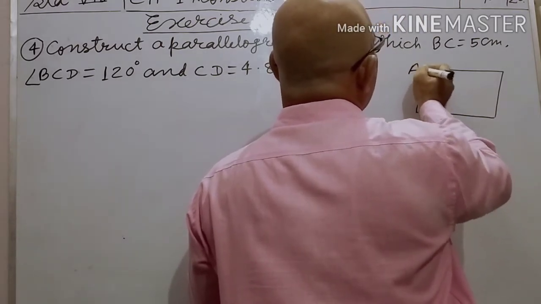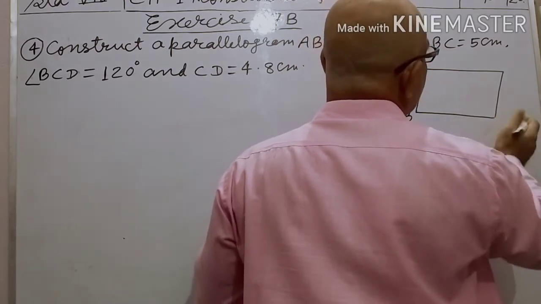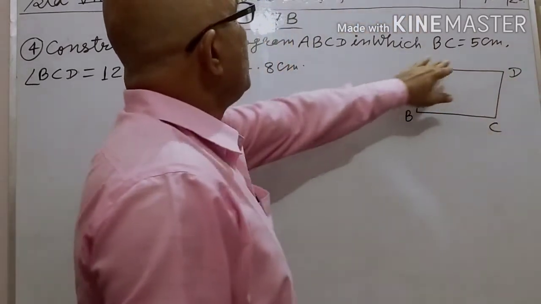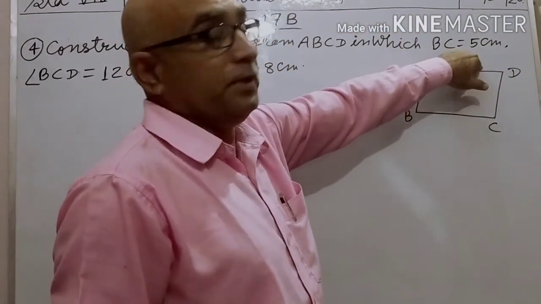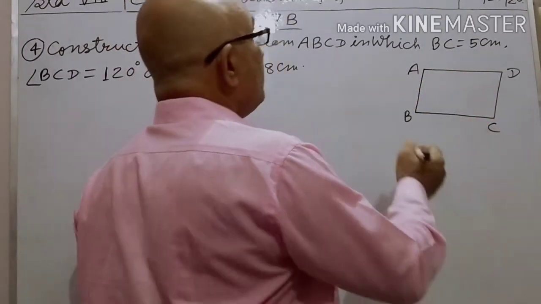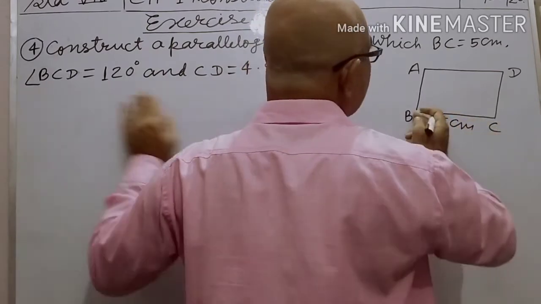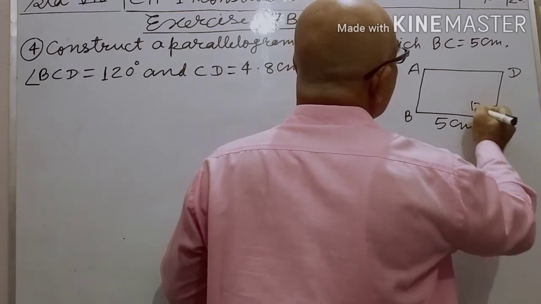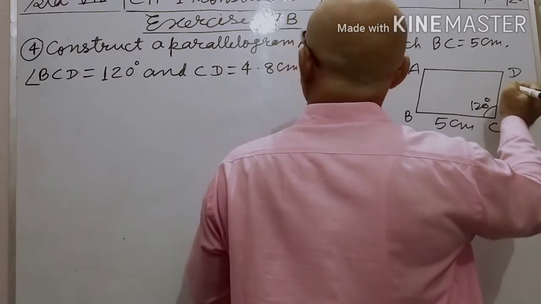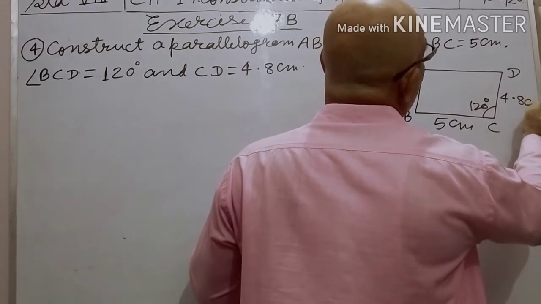Take base BC, which is 5 cm. Angle BCD is 120 degree and CD equal to 4.8 cm.